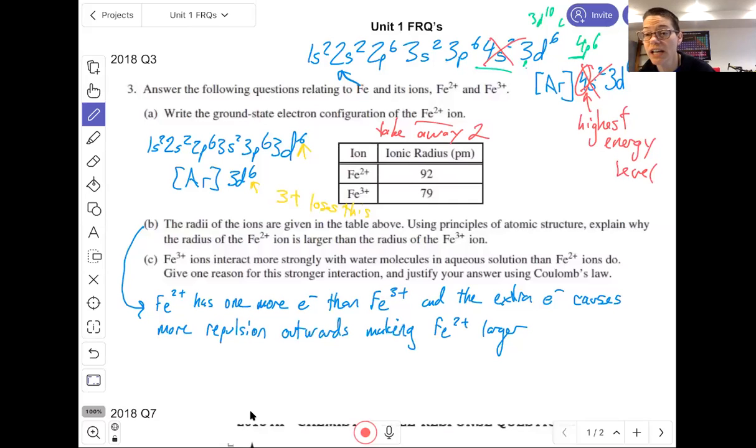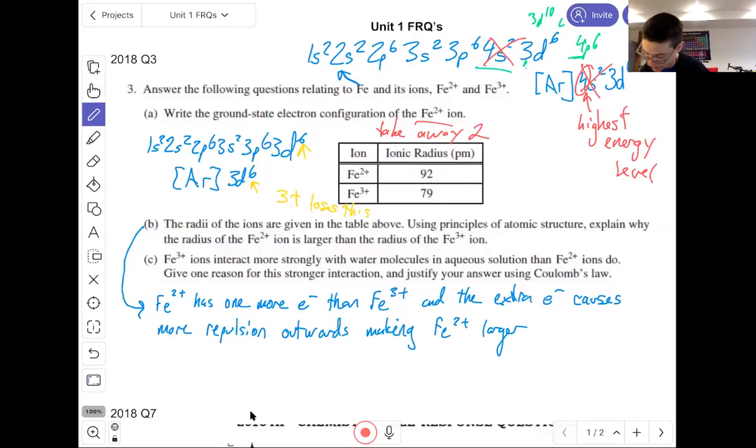If you're talking about the same element with different charges, talk about electrons. If you're talking about different elements and comparing their sizes, talk about the attraction to the nucleus. Does that make sense? So you would say that in this instance on the paper, these have the same number of protons, which means the attraction is the same, and therefore it's due to repulsion.